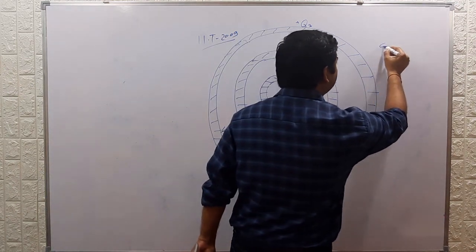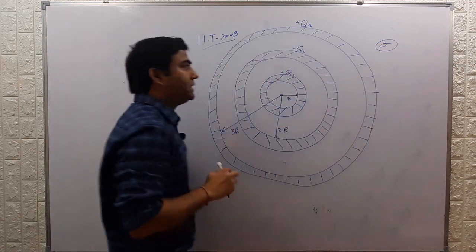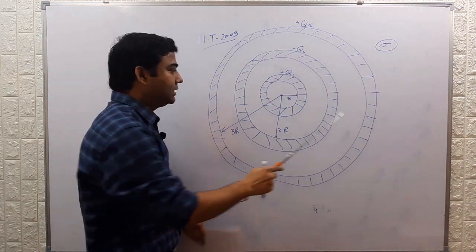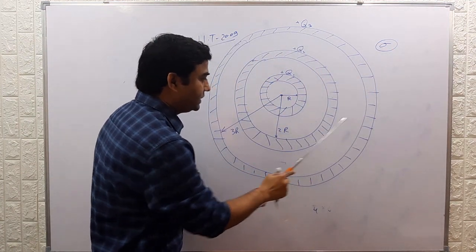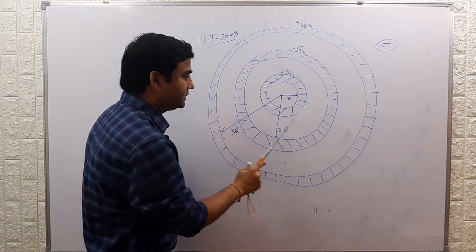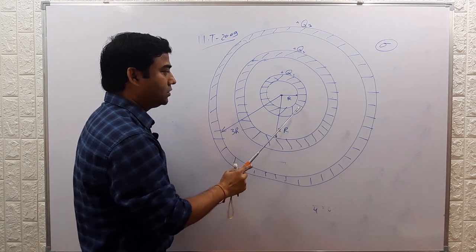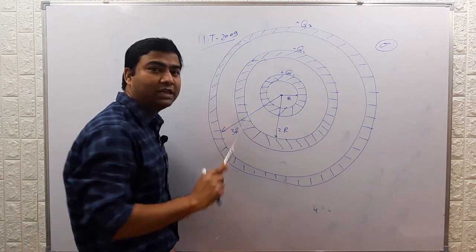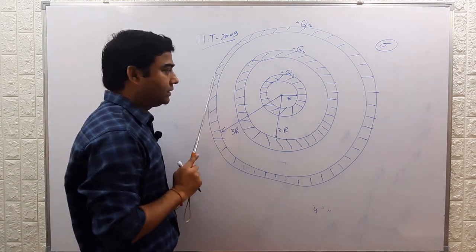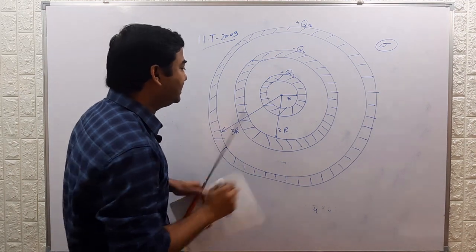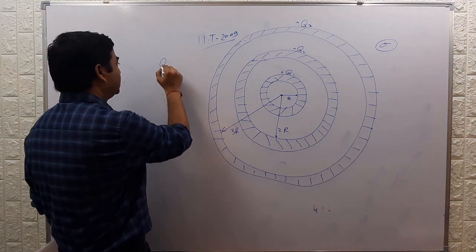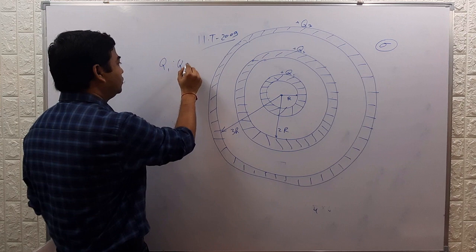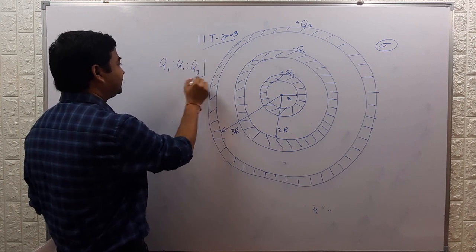Let this be sigma. The surface charge density at the outer surface of all spheres is the same. So they have asked what is the ratio of Q1, Q2, Q3.